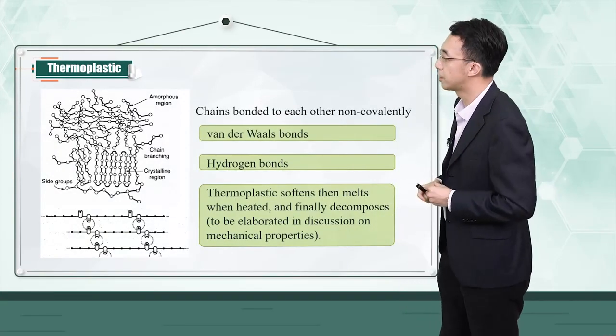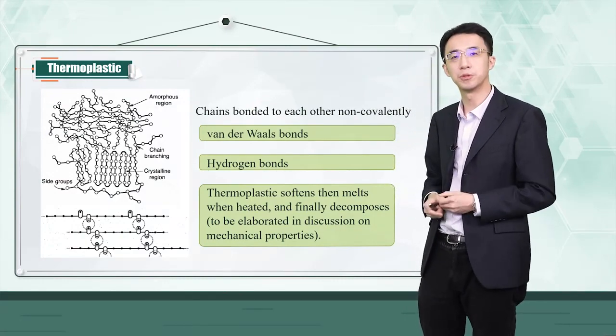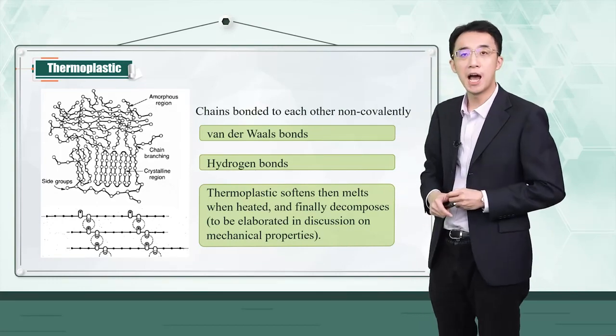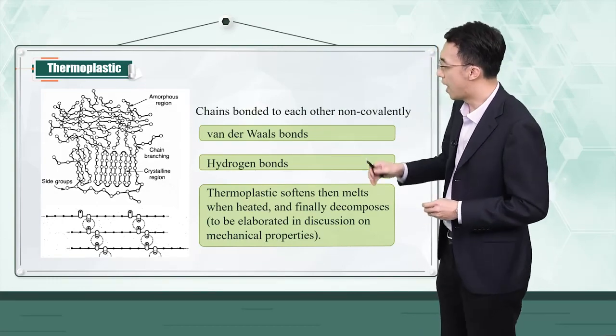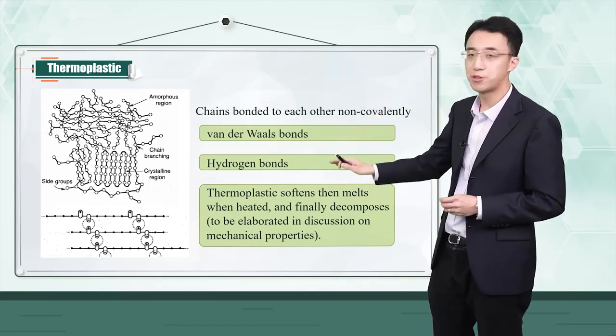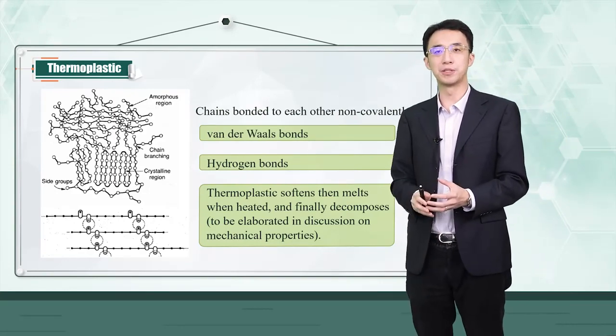Here I just give some particular comments on thermoplastics, thermosets, and elastomers. For thermoplastics, as we have discussed, the interaction between the chains is either van der Waals bonds or hydrogen bonds, which are relatively weaker secondary bonds.